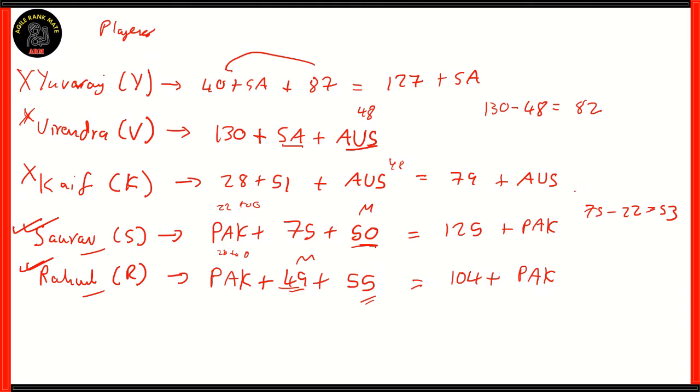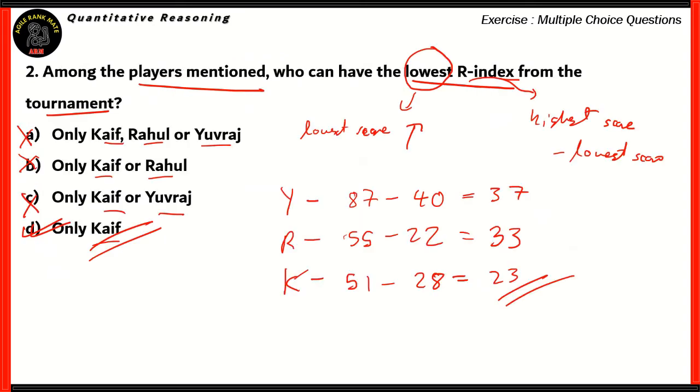And it is possible for Saurav to get 22 because the third highest score is 28, and the rest of the team scored 22. So it's possible for Saurav to get 22. Now, if we took 22 and added it to Saurav's score of 125, then as you can see, Saurav does have the possibility of getting more than Yuvraj.